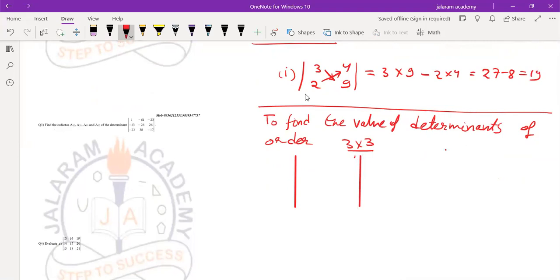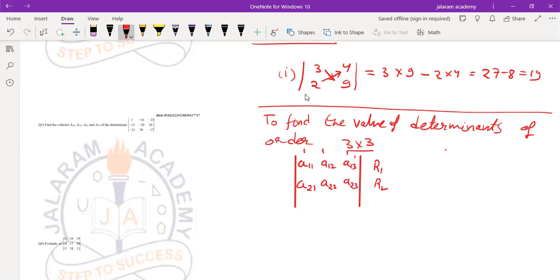If the determinant is of order 3 cross 3, the first element is A11, element of first row, first column. A12 means element of first row, second column. A13 means element of first row, third column. C1, C2 and C3 are the 3 columns. A21, element of second row, first column. A22, element of second row, second column.